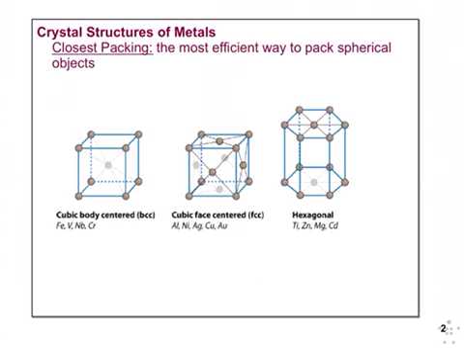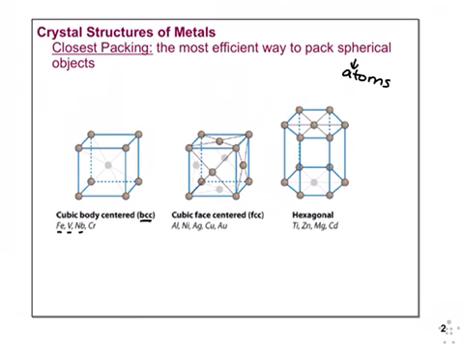When we look at the crystal structure of metals, they exhibit a phenomenon called closest packing, and this is the most efficient way to pack spherical objects in a more geometric pattern. The spherical objects here are going to be the atoms. And so there are three specific structures that you can get. You can get cubic body centered. We abbreviate that one BCC.